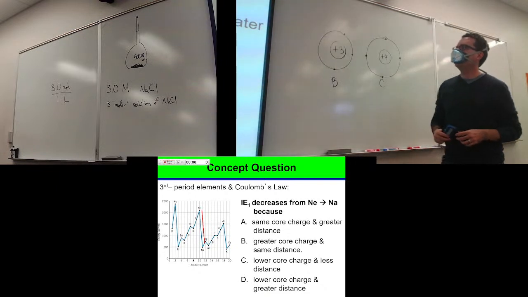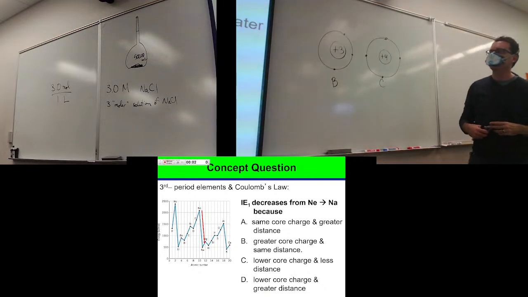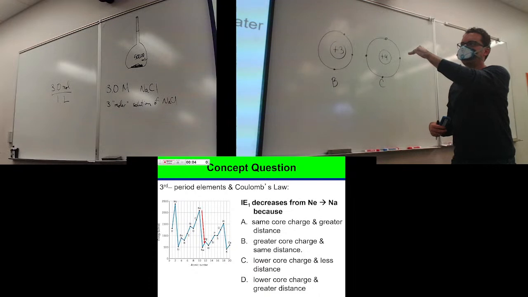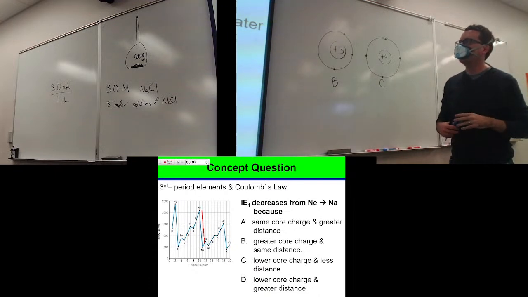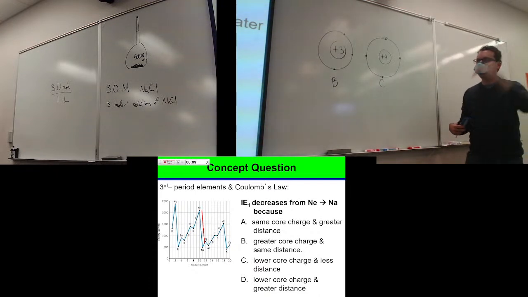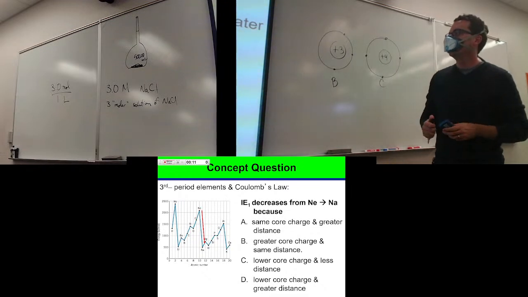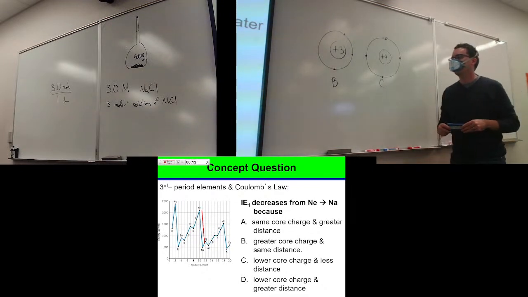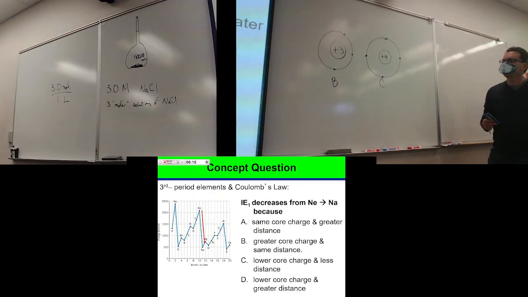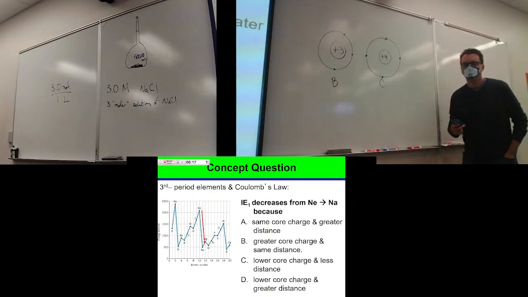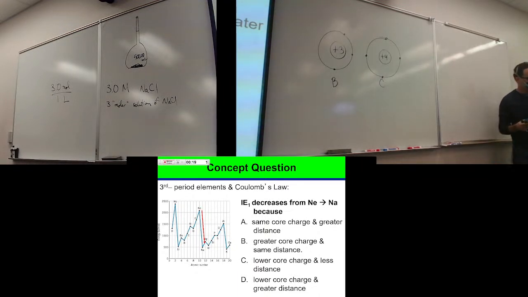But when you go from neon to sodium, so neon in row 2 to sodium in row 3, the ionization energy suddenly drops. And why is that? These are great test questions.